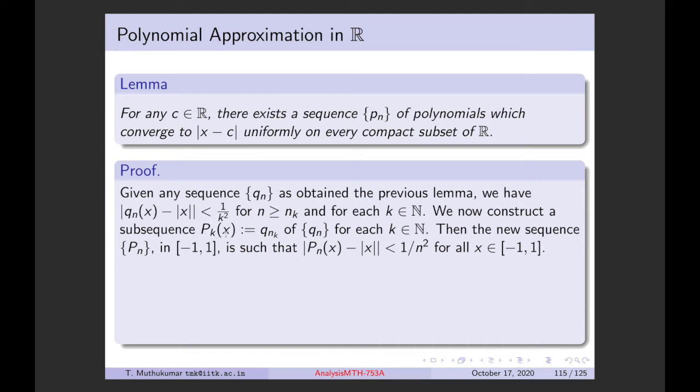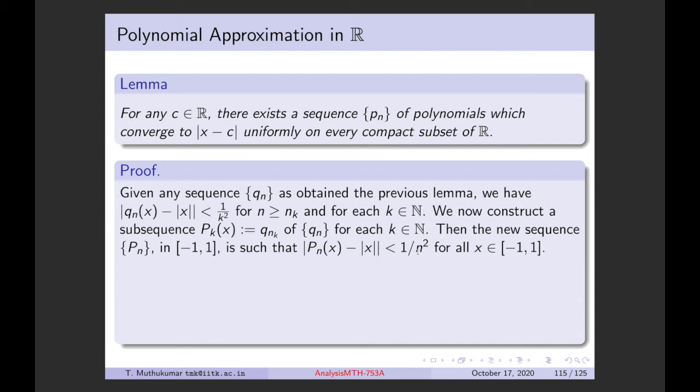So Pk minus mod x is less than 1 over k square. For each k, we have actually constructed a subsequence from the original sequence in [-1, 1], because the previous lemma was done in [-1, 1]. We have a sequence such that Pn(x) minus mod x is less than 1 over n square. So this capital Pn is that.